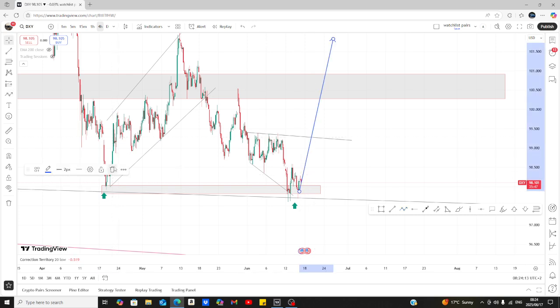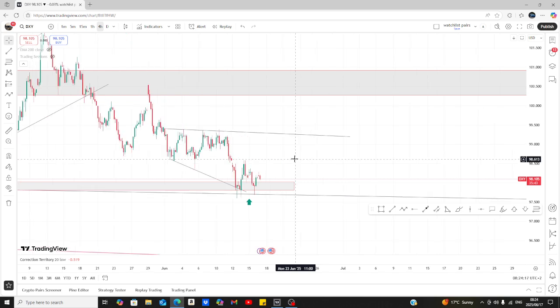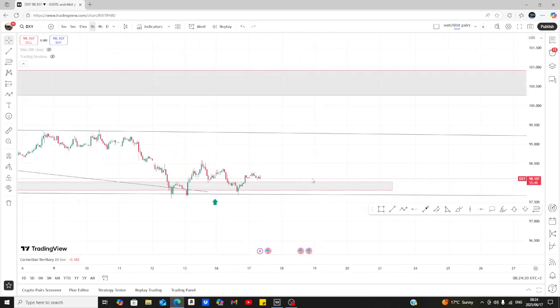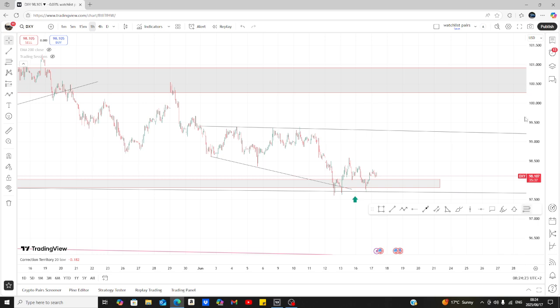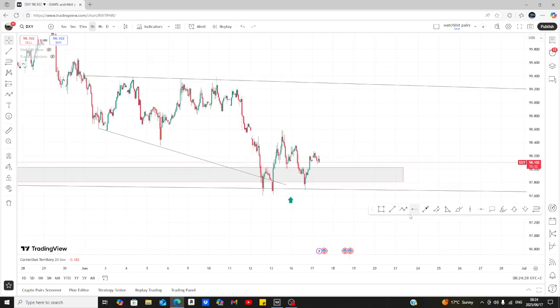If we look, the price reached there in what I call an expanding wedge. Some people call it a reverse triangle. We have a couple of touches already from the structure, and now price is again at the zone.